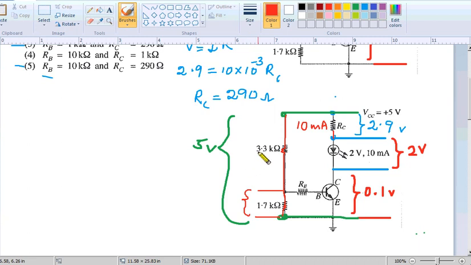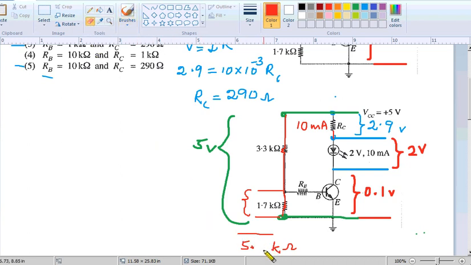So take this total resistance. How much? 3.3 plus 1.7, that is 5.0 kilo ohm. So we say 5 kilo ohms are there.